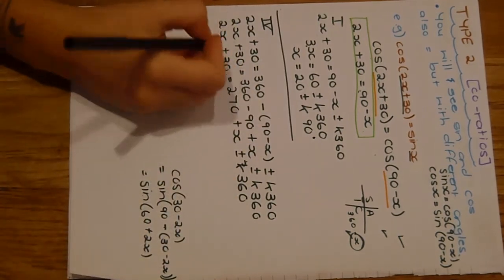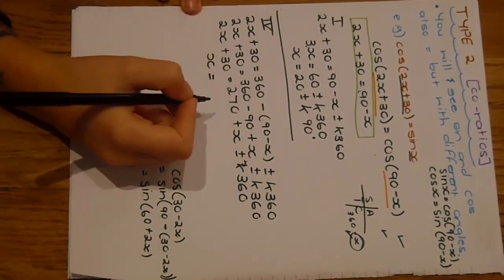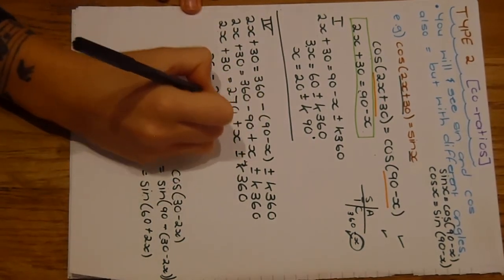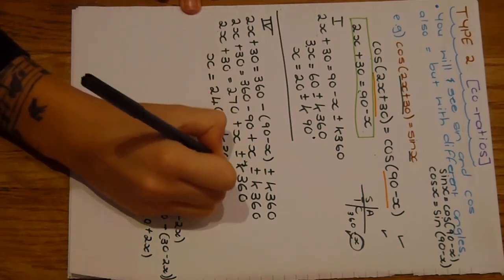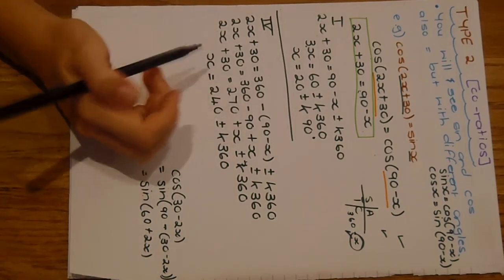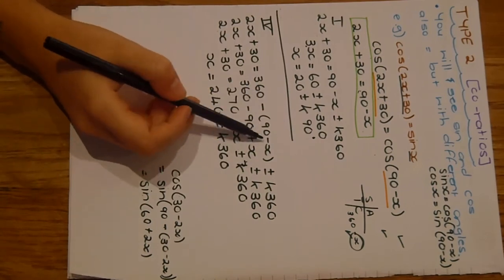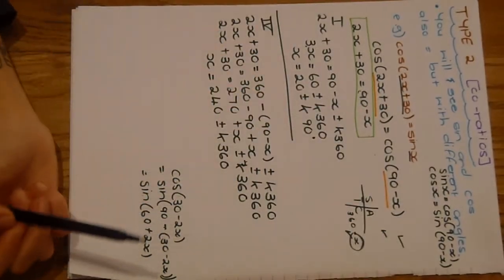So 2x minus x is just x. Take the 30 over, 270 minus 30 is just going to be 240. Okay, and that x is already alone, so there's nothing even to divide by. But you see why we needed to put this in a bracket, to ensure that when you minus it, the x became a positive. You're minusing this whole thing.